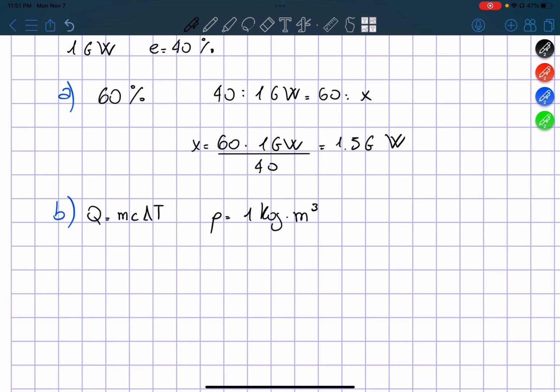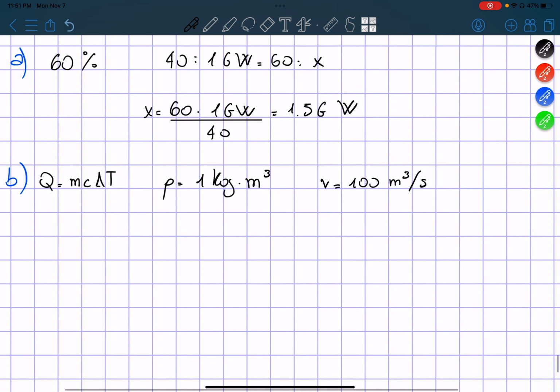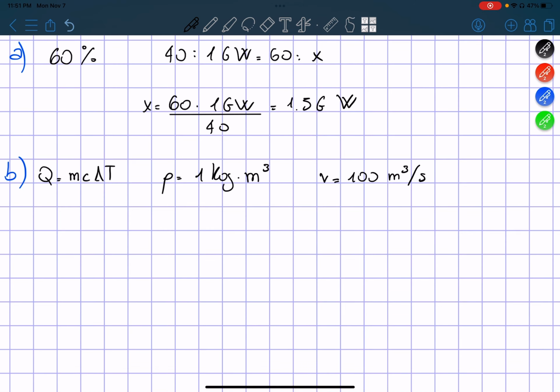So now we have this flow rate, which is equal to 100 meters cubed per second. So how many kilograms are passing per second? Well, the mass is equal to 100 kilograms per second of water.